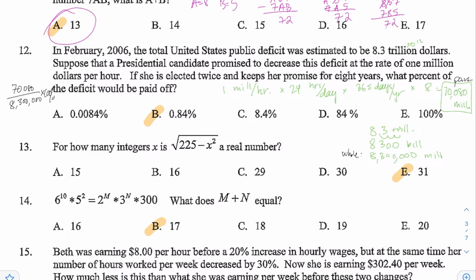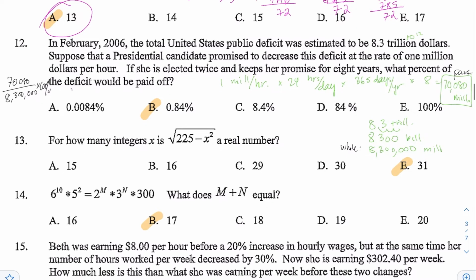So divide 70,080 by 8.3 million. Then you multiply by 100%. You would get about 8.44 or 0.844%. And that's choice B.